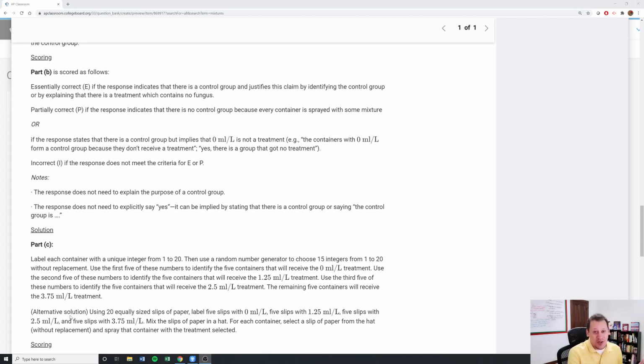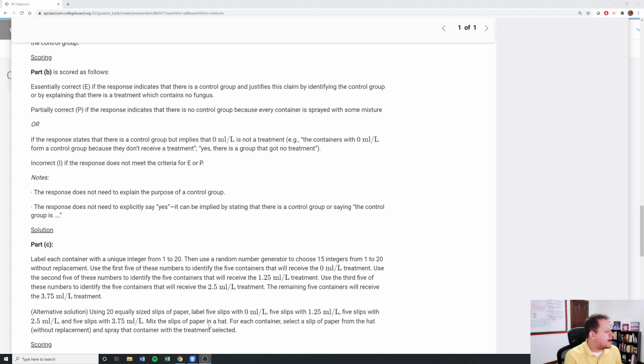The alternative solution they provide talks about slips of paper, and you may be lured toward this solution because it's shorter, it uses fewer words, but I'm going to tell you right now, if you use this method and you try and draw random slips of paper from like a hat or something, it is much easier to get dinged for missing something.